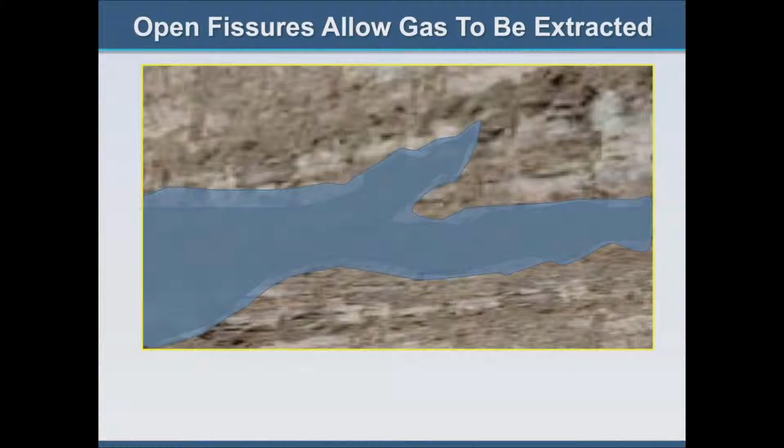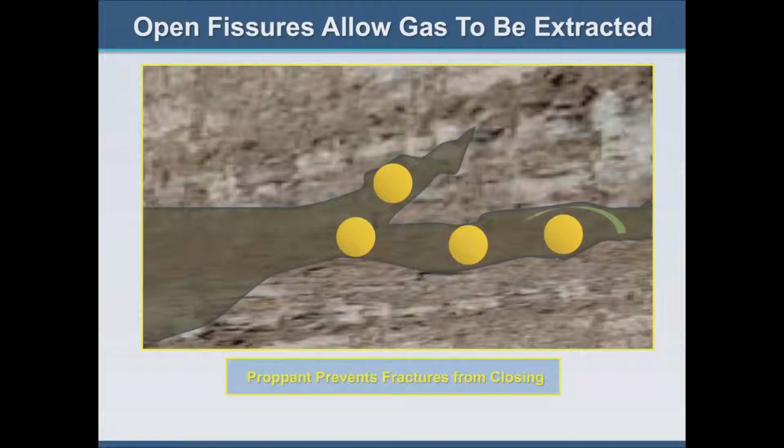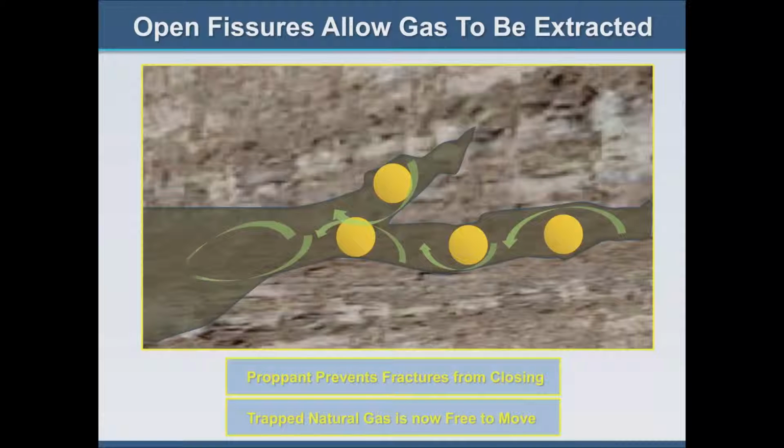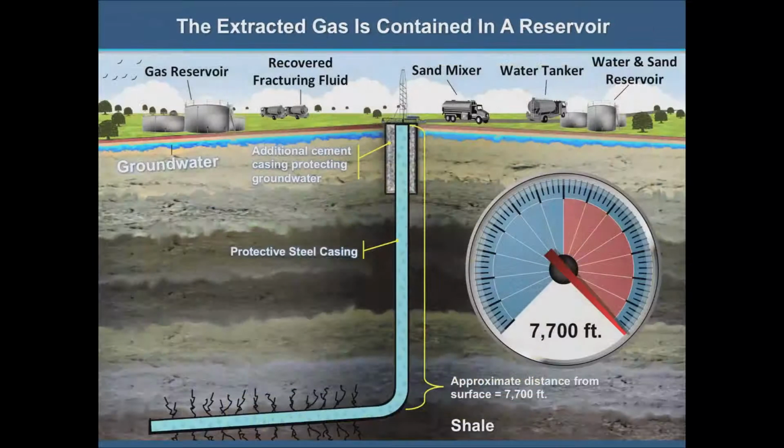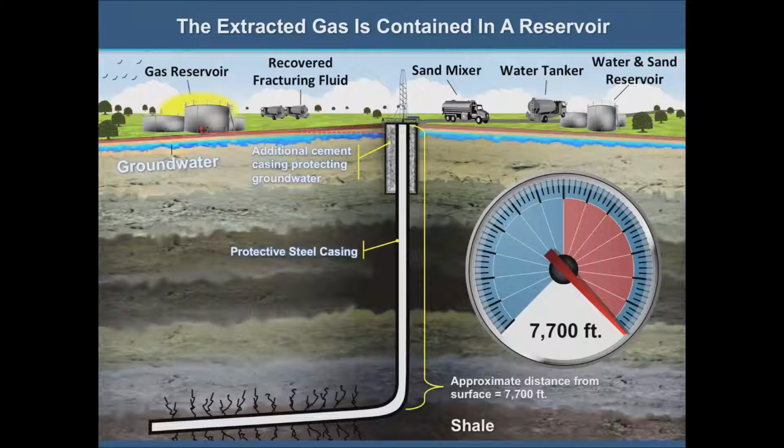The open fissures make it easier for the natural gas to be extracted and flow towards the surface. The natural gas is collected in reservoirs, then pumped into container trucks and hauled away from the fracking drill site.